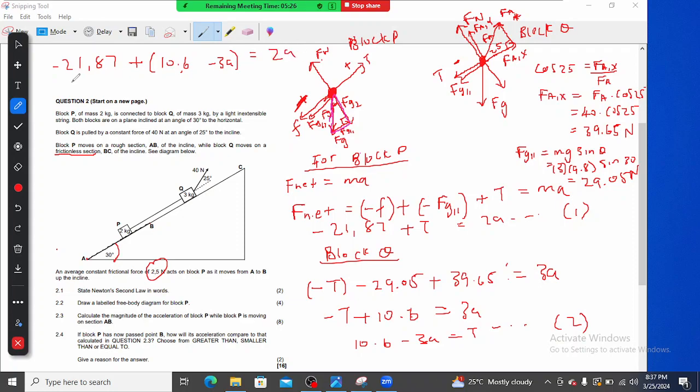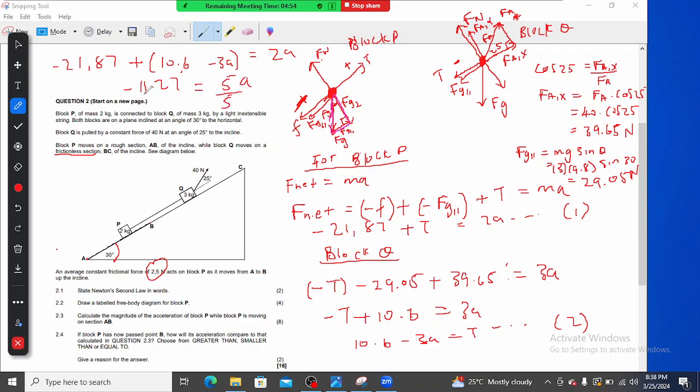And then what is minus 21.87 plus 10.6? It is negative 11.27. Then if we take that to the side, we'll have 3a plus 2a, that is 5a, right?